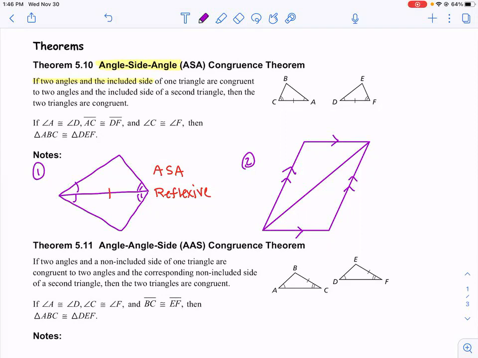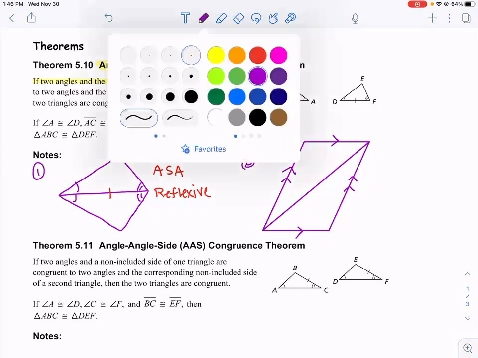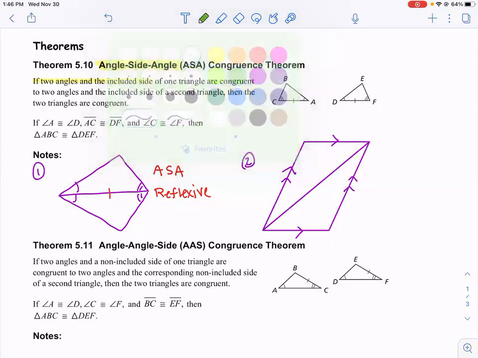The only thing we know is that we have two sets of parallel sides. We know that this side right here is congruent to itself. Sometimes it's alternate interior angles, like in this case.